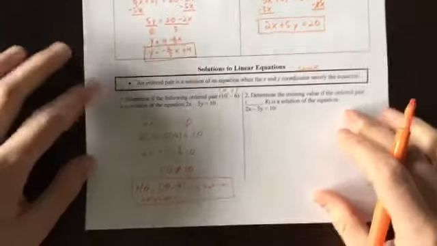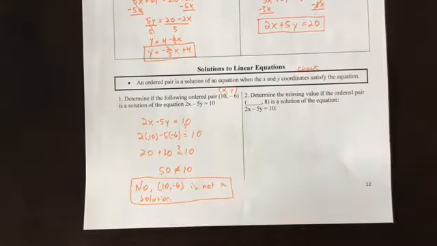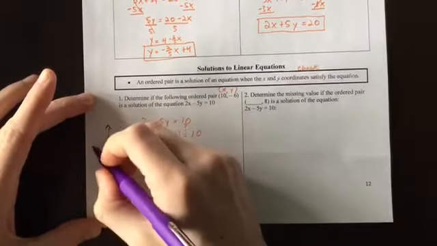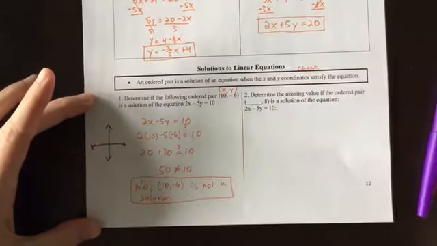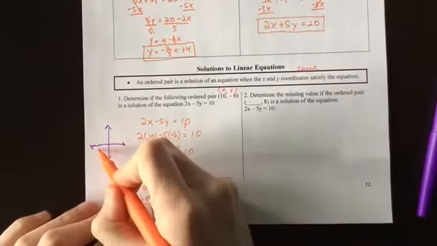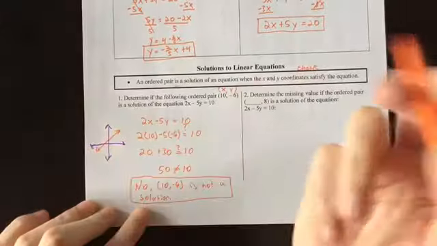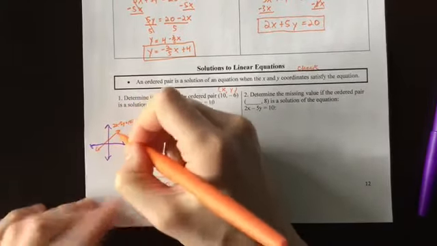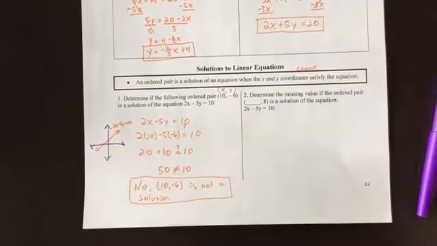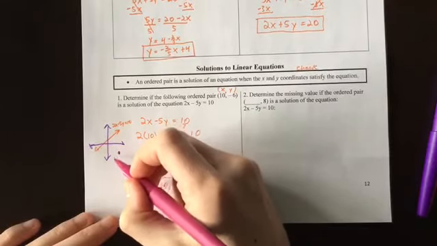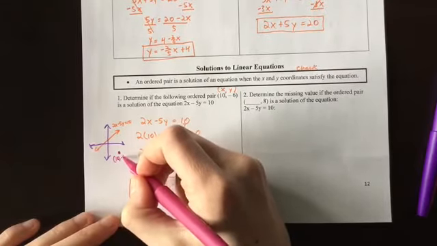And that means if we were to visualize this, if we were to graph, what that tells us is that there's a graph and that the line, and I'm just guessing what it would look like, of 2x minus 5y equals 10 is there and it's graphed, and that the ordered pair (10, -6) would be somewhere not on the line.